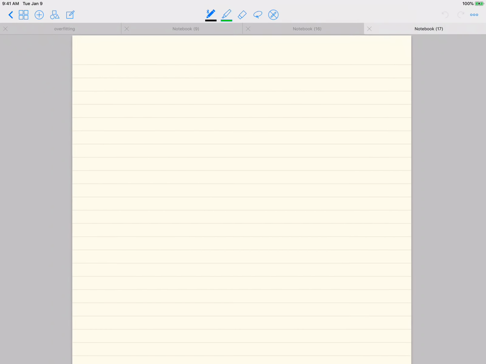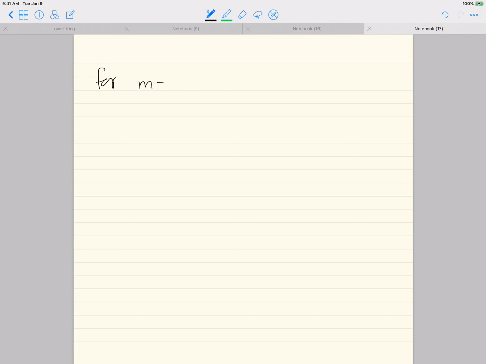What we have computed is that for m equals 1, 2 up to M, we have computed Eval of gm minus. This we could compute. For each hypothesis, we trained it on Dtrain and then computed Eval, the validation error.